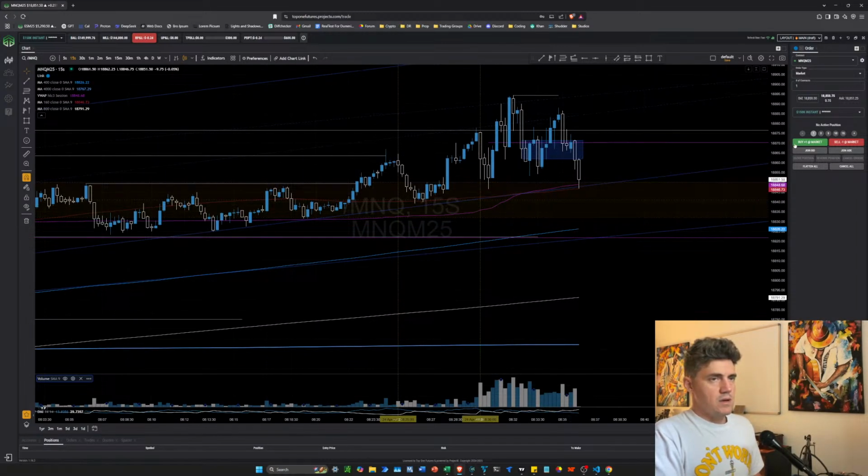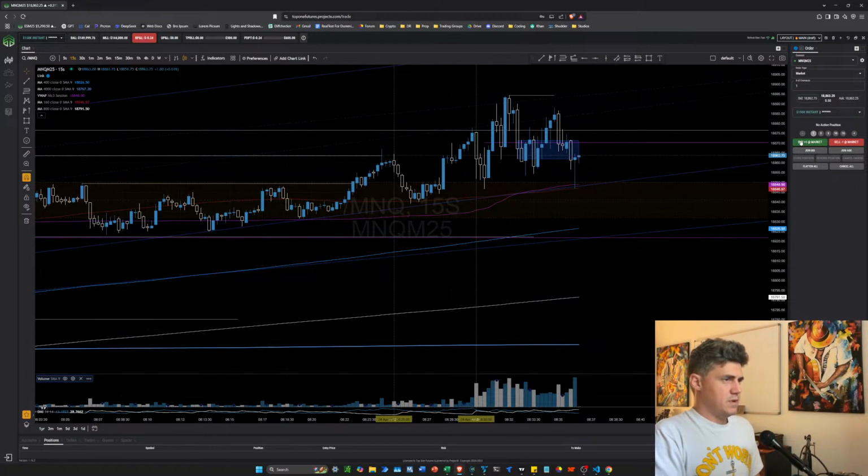This is where you would see a long right here. Nice reaction there. Not sure if I want to take that kind of risk just yet. Nice sweep. Really hard to say.